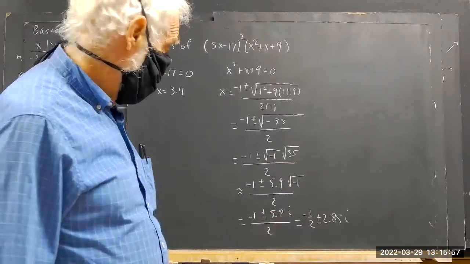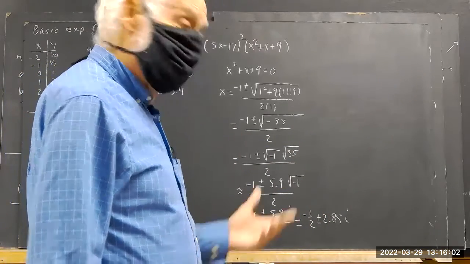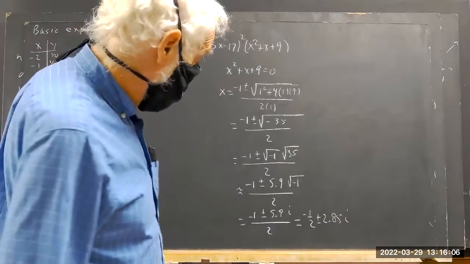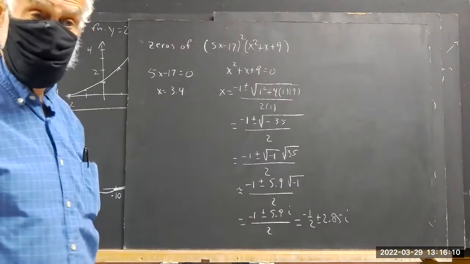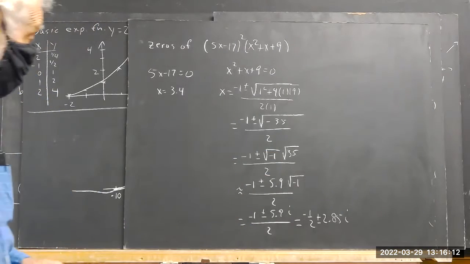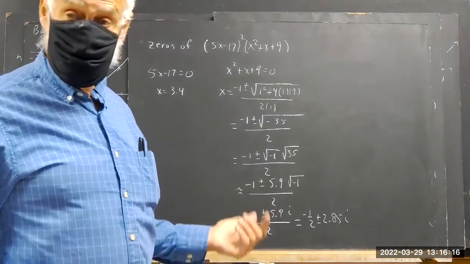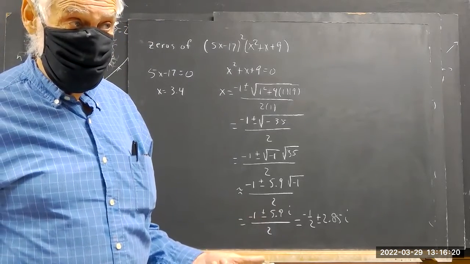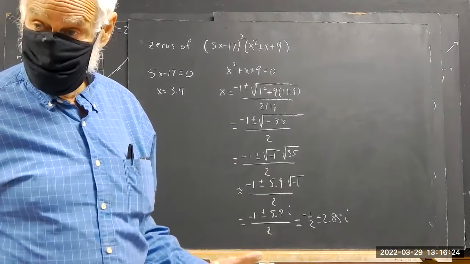Could be, let's see, interpolate that. It could be 2.3, 2.4, something like that. So that's just a ballpark estimate. You use your calculator to do the square root of 35. And then you think. If your calculator tells you the square root of 35 is 46, you are thinking about what the square root of 35 ought to be.